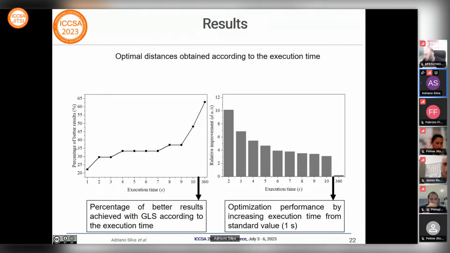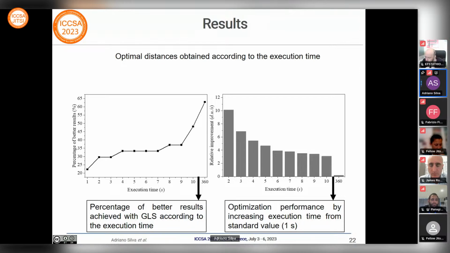However, the graph on your right represents the relative improvement, in other words, the improvement in distance shortening according to the increase in the execution time. So you can see that for low execution time, we have a higher efficiency of the algorithm because the execution time is able to return a significant improvement in distance shortening.